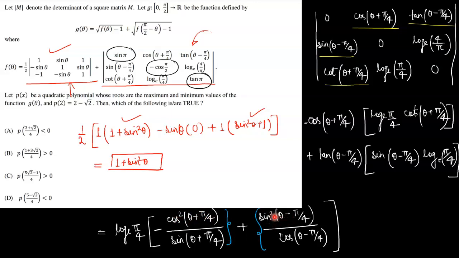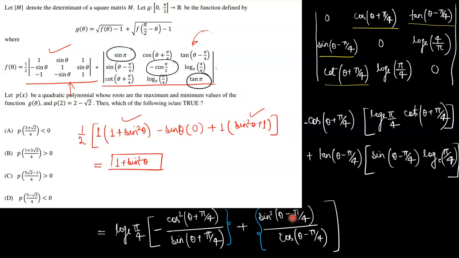Fine. Similarly, cos theta plus pi by 4 will have the same value as sine theta minus pi by 4. I have proved it, because here there will be a minus in between: sine theta cos pi by 4 minus cos theta sine pi by 4. Similarly, there will also be cos theta cos pi by 4 minus sine theta sine pi by 4. So you can see that there is 1 by root 2 cos theta minus 1 by root 2 sine theta.